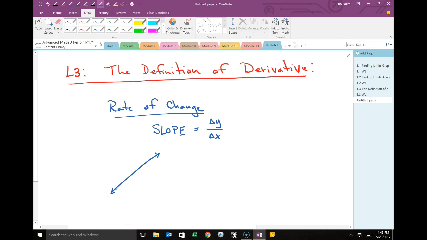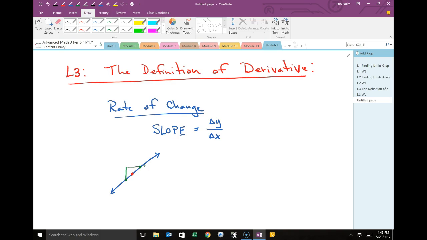No matter where you are on your function, the rise over the run is always going to be the same. So to analyze my slope at that red point, I would find a point on the left of it and then on the right of it and figure out what the change in rise over the change in run is. That's all fine and dandy, but how many linear functions are there actually in the real world?